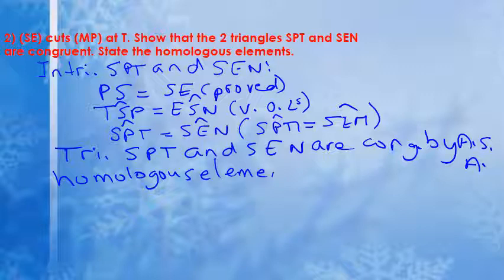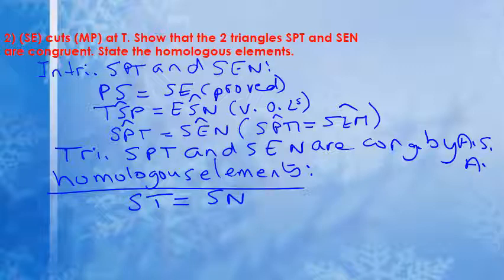What are the homologous elements in these two triangles? First, side ST will be equal to side SN, side PT will be equal to side EN, angle PTS will be equal to angle ENS. These are the homologous elements.